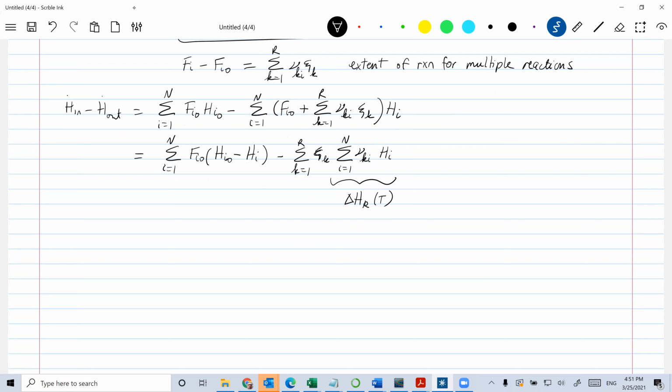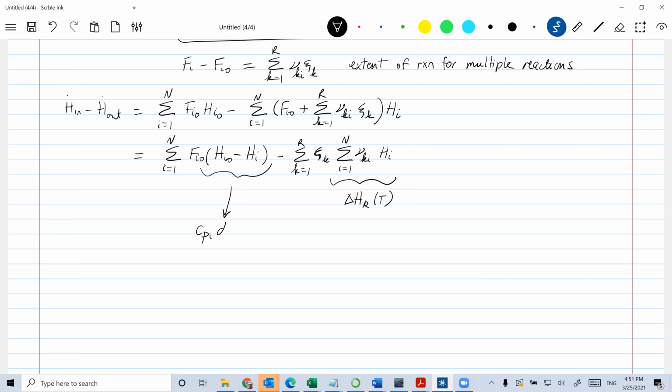And this term right there, you can get by integrating molar heat capacities dT.